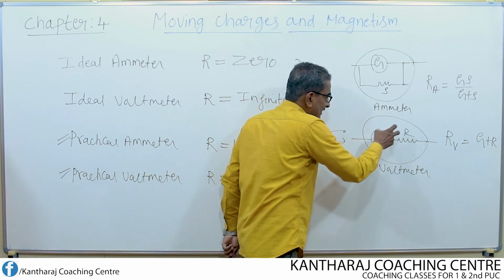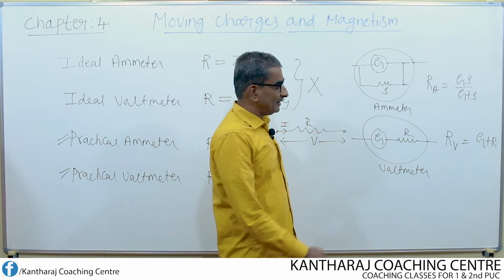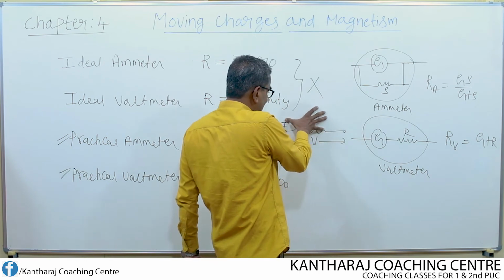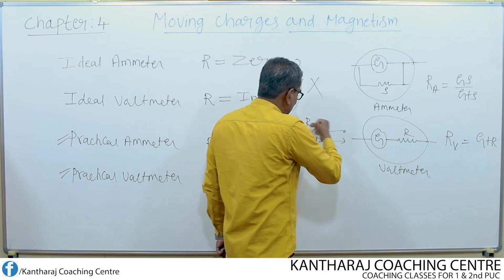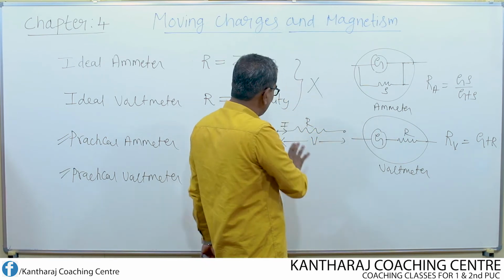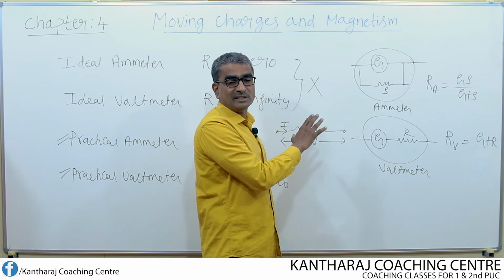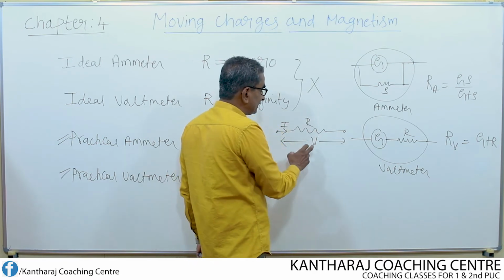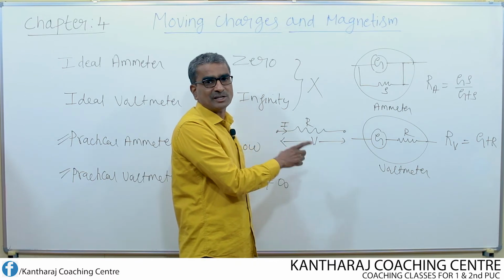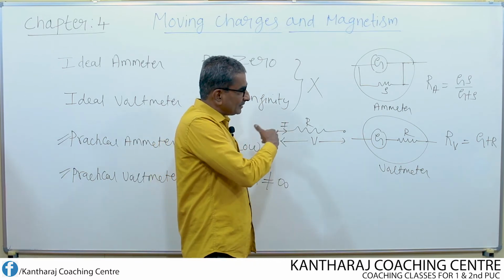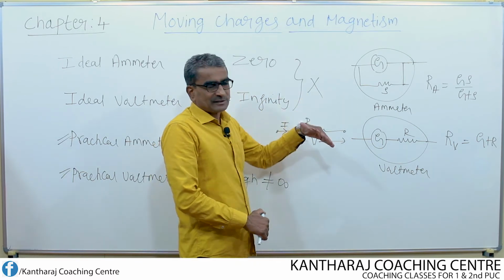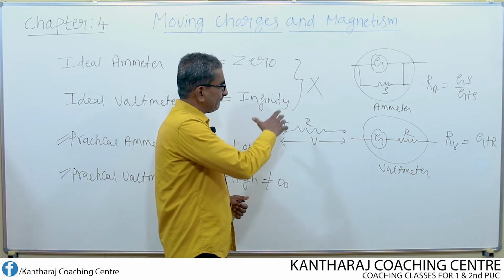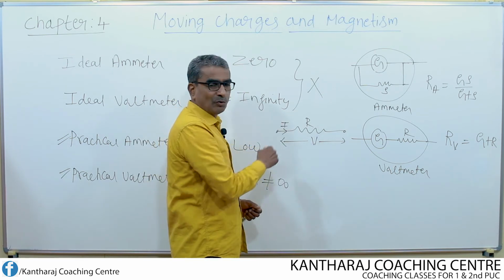That's why we connect a high resistance in series with the galvanometer. When we connect this in parallel with this, then this voltmeter draws only a small amount of current and it keeps the main current almost the same, and it becomes easy to measure the required potential difference. So these are some differences between the ammeter and the voltmeter.